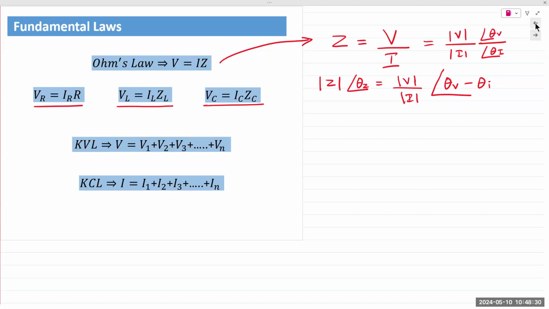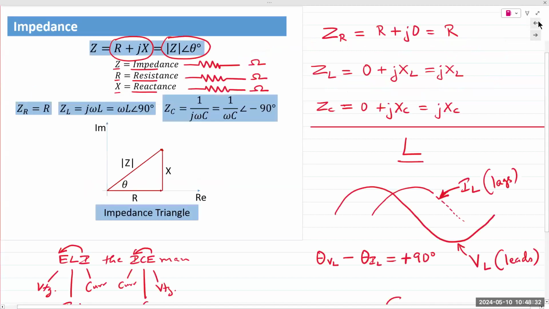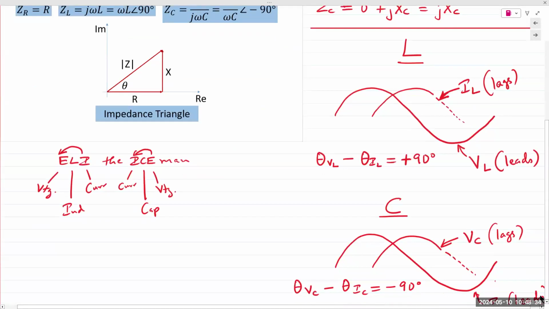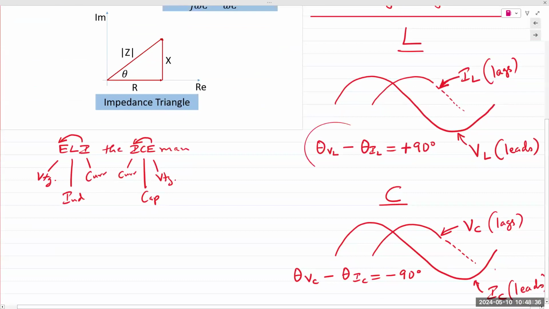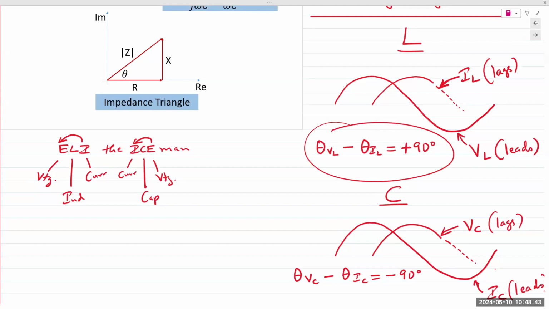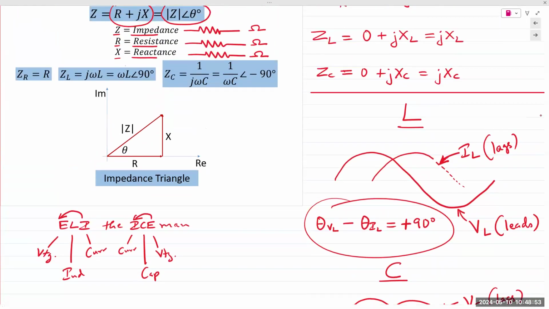So when you have theta V minus theta I, if you look at the impedance for an inductor, theta V minus theta I is always plus 90. Hence, the impedance for an inductor will always have a plus 90 angle. That's where that comes from. And hence, the equation for ZL has an angle of plus 90.